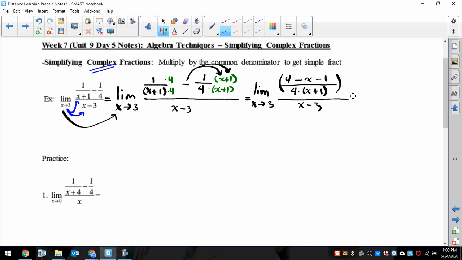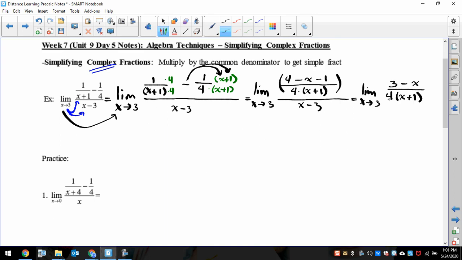So let's simplify. You don't want to plug in just yet again. You still have to simplify. This is just a bunch of algebra that we have to do. So let's keep going. We're going to get a 4 minus 1 is a 3 minus x all over a 4 times x plus 1.